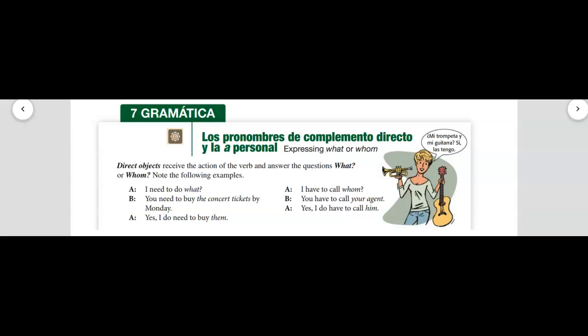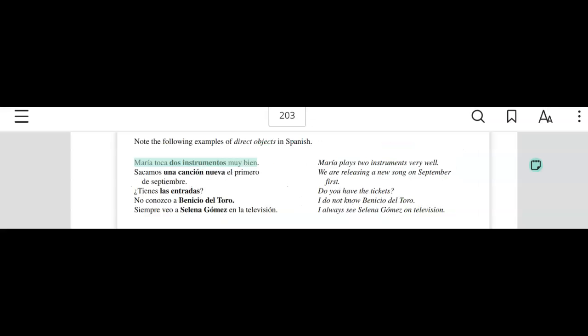In Spanish, to avoid this repetition, we use los pronombres de complemento directo. Note the following examples of direct objects in Spanish. María toca dos instrumentos muy bien. María plays two instruments very well.